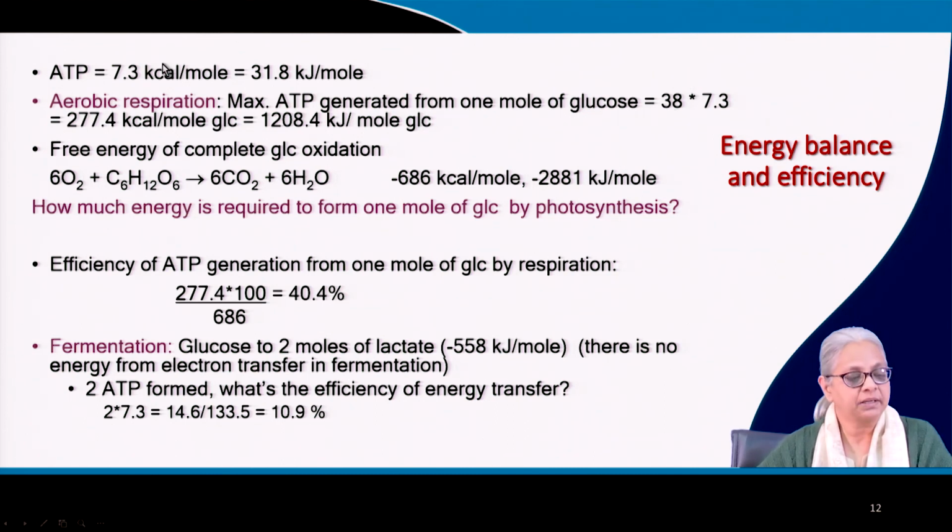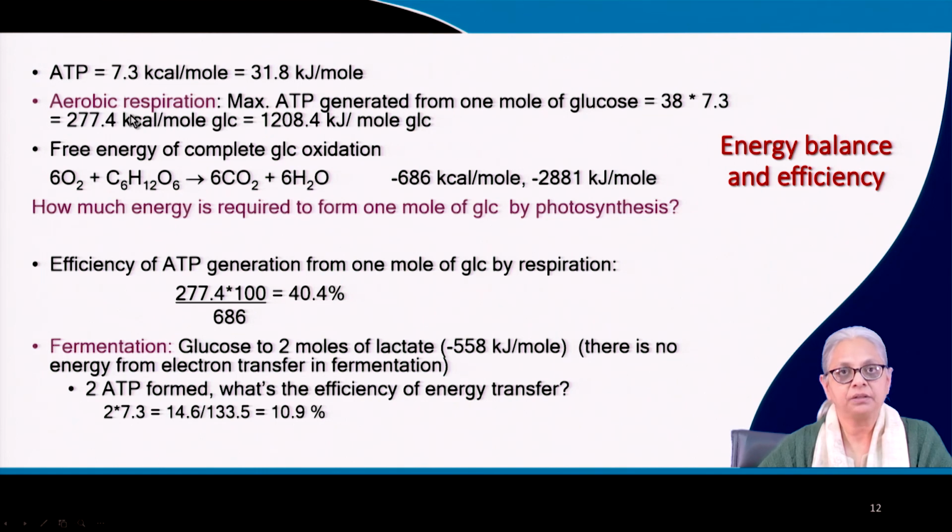So if I multiply it, I've used kilocalories per mole, but it's better to use kilojoules per mole. In terms of kilojoules per mole, you get 1208.4 kilojoules per mole of glucose, or you can say 277.4 kilocalories per mole of glucose.